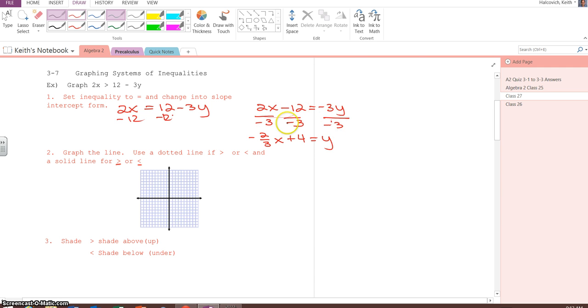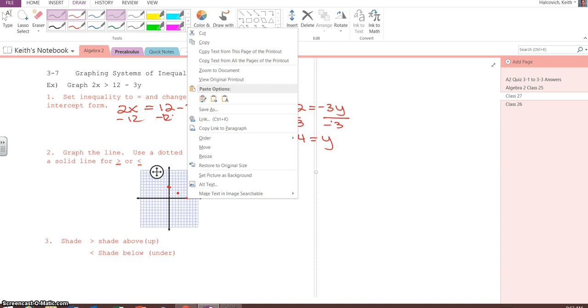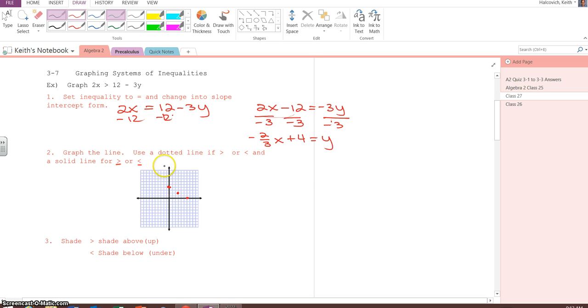So when we graph this, remember we start with the y-intercept at 4. 1, 2, 3, 4. And then we go down 2 and to the right 3. All right, and we'll draw our line. Now, it's a dotted line if it's greater than or less than. It's a solid line if it was greater than or equal to or less than or equal to.